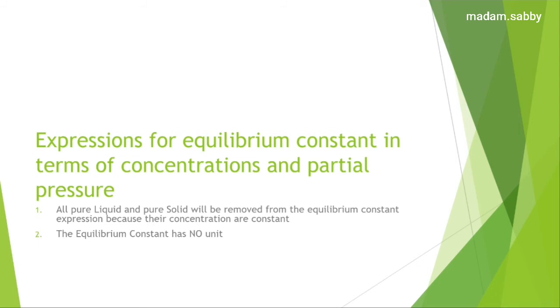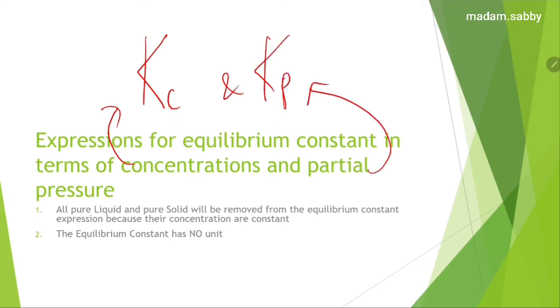The equilibrium constant is Kc for concentration and Kp for partial pressure. We discard any pure liquid or pure solid from the expression because their concentrations remain constant, so they do not change, and therefore we omit them.